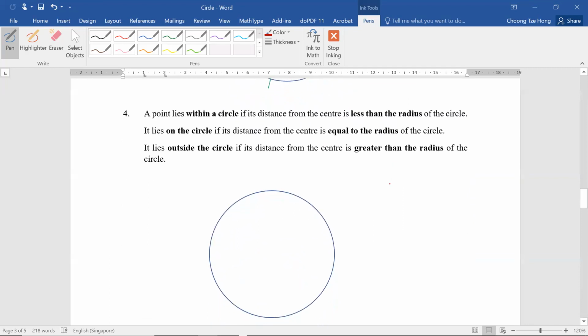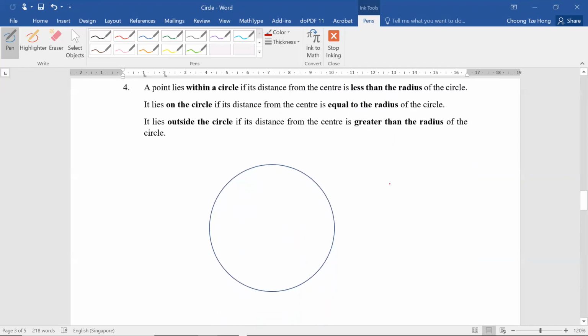Next, a point lies within a circle if its distance from the center is less than the radius of the circle. What we mean by this is, let's say this is the center C of the circle, and you have a particular point over here, let's call this P. The radius is a straight line from the center to any point on the circumference of the circle.